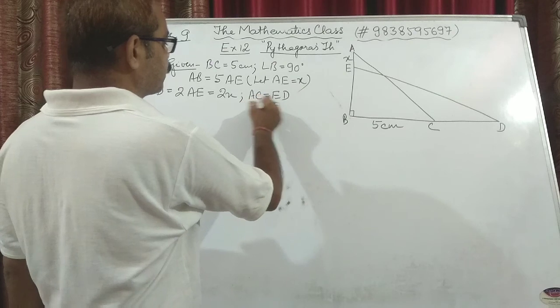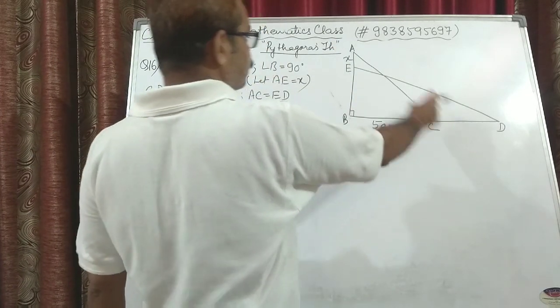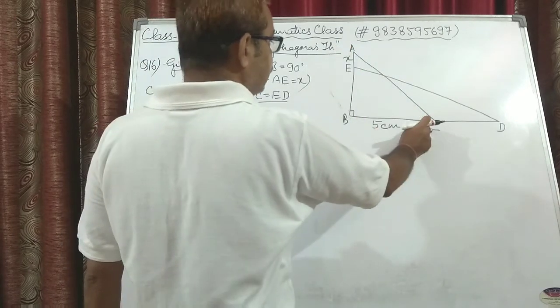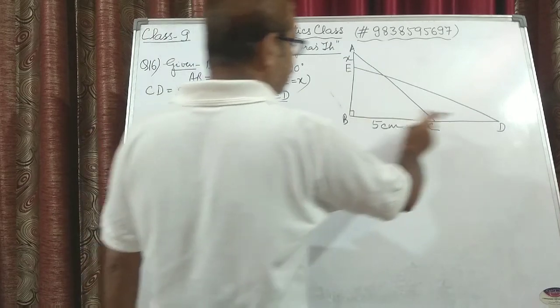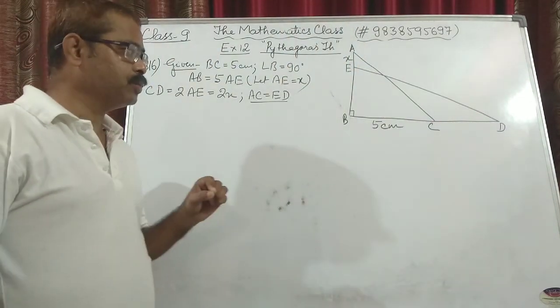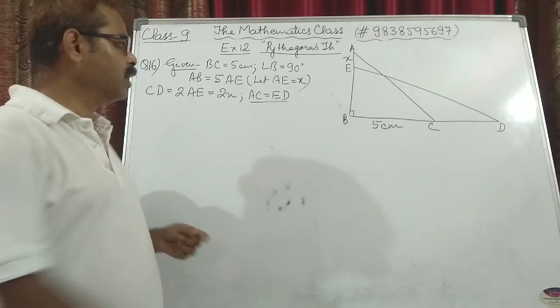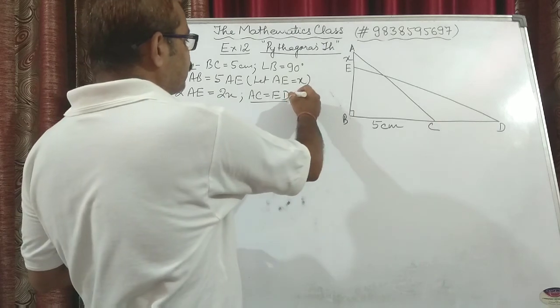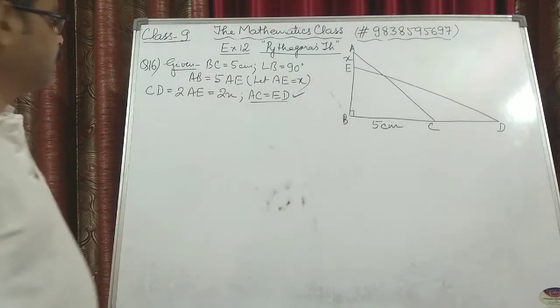What you can make out from this is AC is the hypotenuse for triangle ABC and ED is the hypotenuse for triangle EBD. It means that the hypotenuses of both the triangles are given equal, and this is what we will utilize for our solution. Then they say find EA.